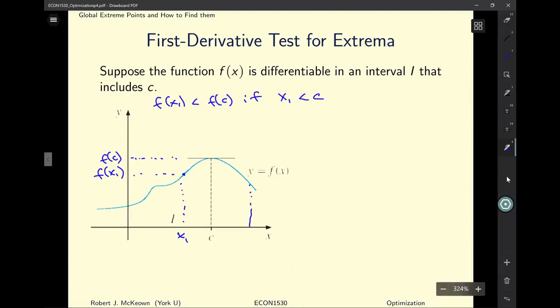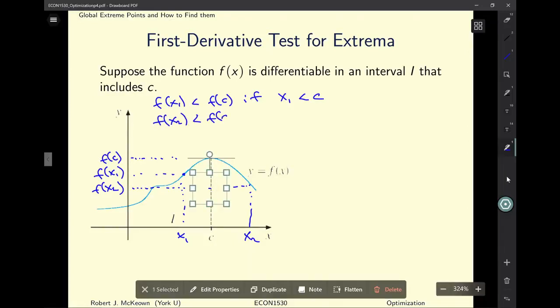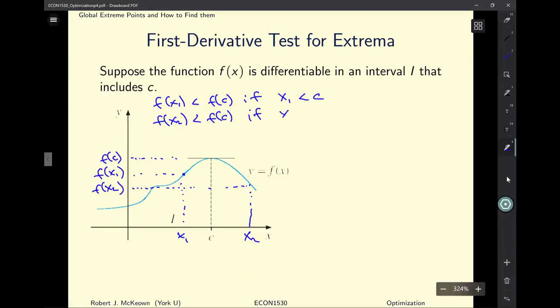And over here, x2, we'll walk it over to the y-axis, f of x2, we have f of x2 is also less than f of c if x2 is greater than c. So whether we're to the left or to the right of c, we are going to be at a lower f of x.